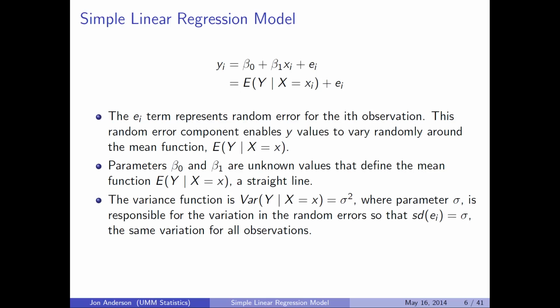The simple linear regression model says that a y observation, y sub i for the ith observation on the y variable, might be supposed to be generated by a mechanism where there is an intercept beta naught plus a slope beta 1 times the predictor value x sub i, plus or minus some random error e sub i.